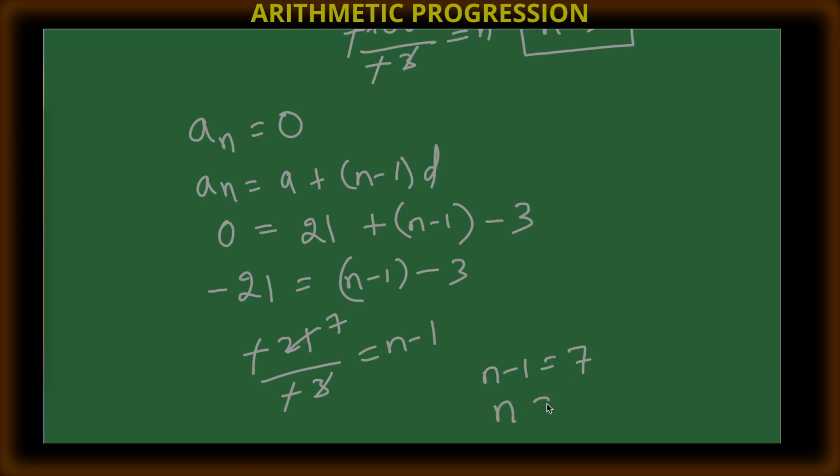Moving the 1 across, 7 plus 1 is equal to 8. So the 0 term in the sequence is the 8th term.